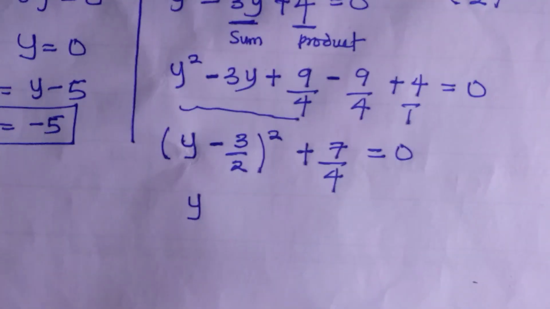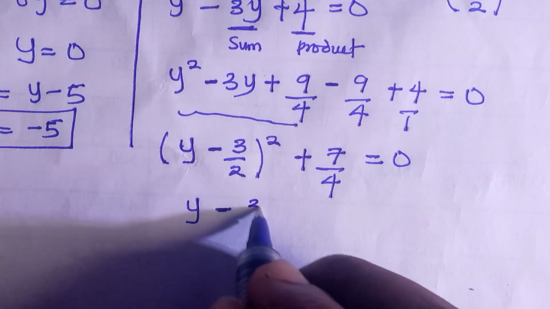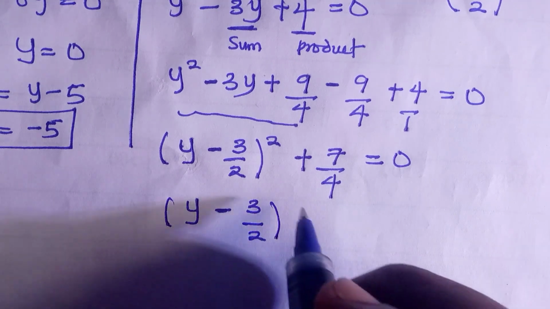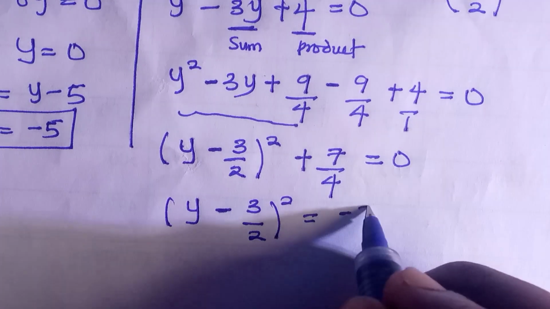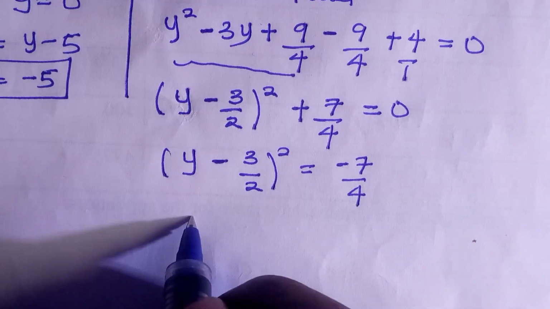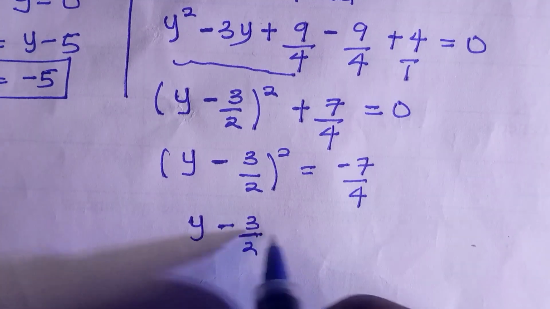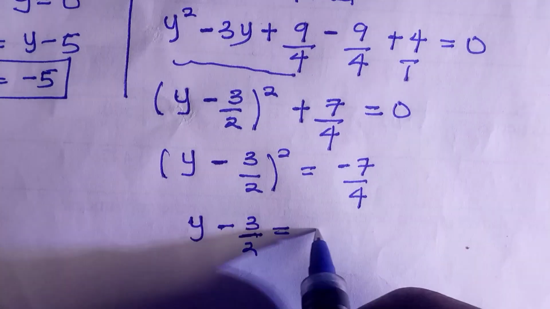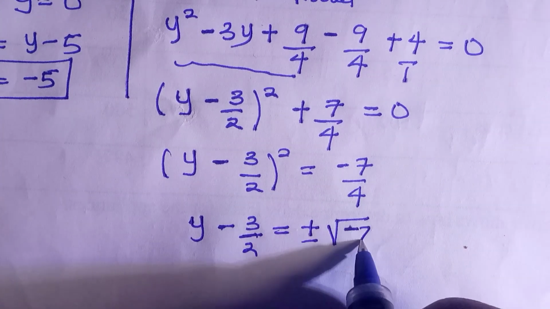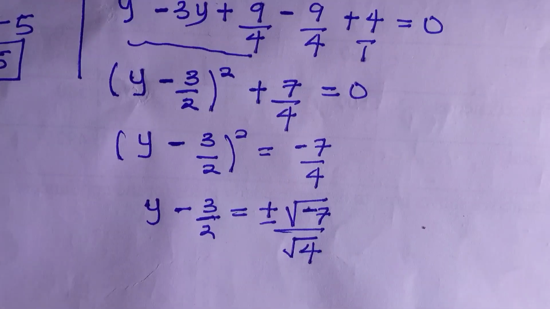Hereby we have y minus 3 divided by 2, everything raised to power of 2, equals to minus 7 divided by 4. It changes to negative when it goes to the other side. Here, by taking the square root of both sides, we are going to have plus and minus the root of minus 7 divided by the root of 4. So these two separate.